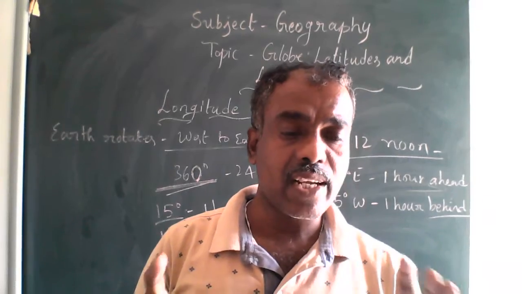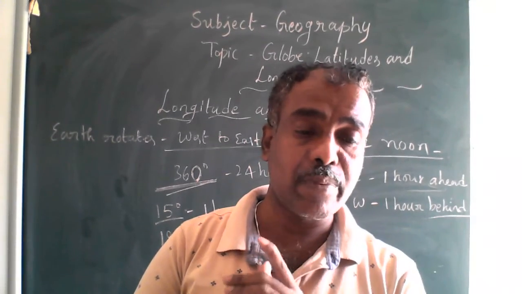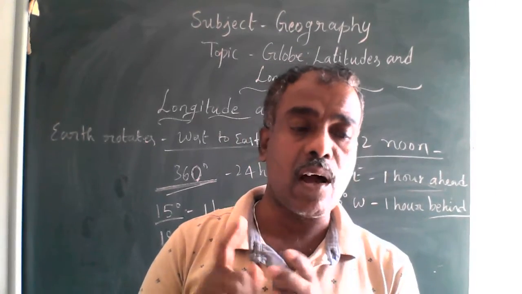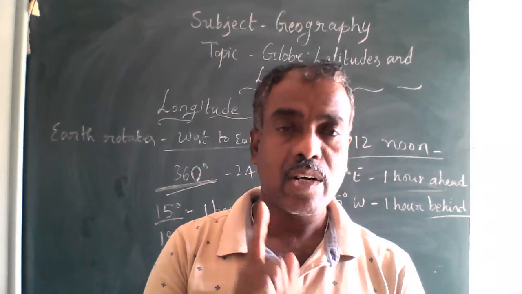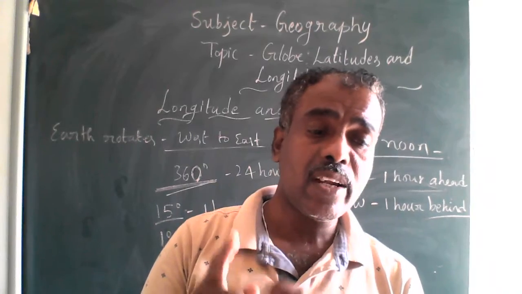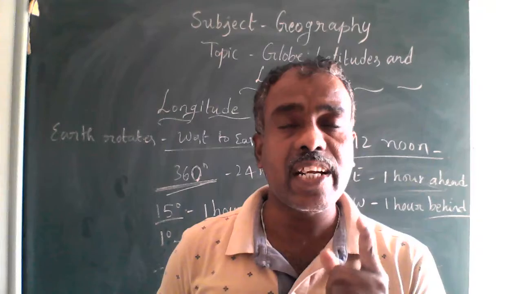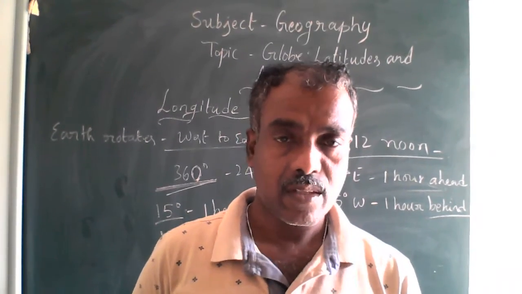See, it is very clear that the earth has been divided into 24 time zones of 1 hour each, and each zone thus covers 15 degrees of longitude. So how many degrees does the earth pass in 1 hour?